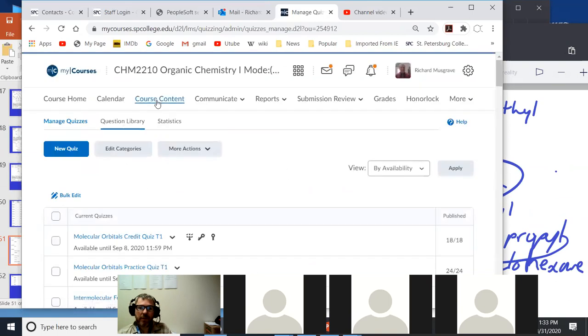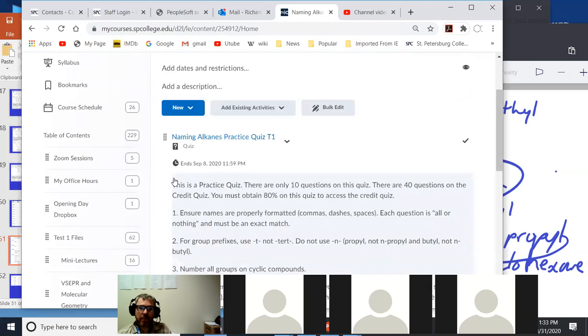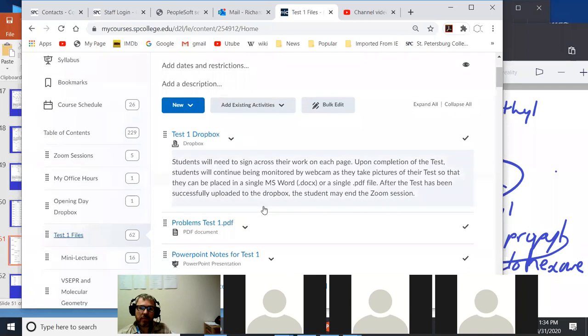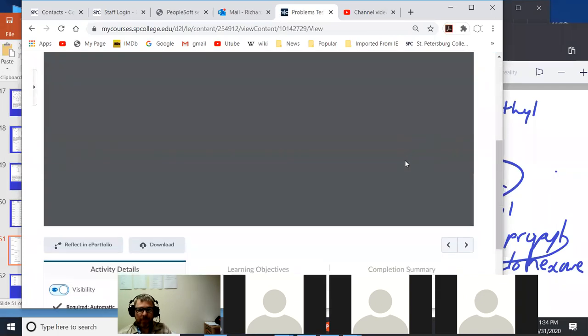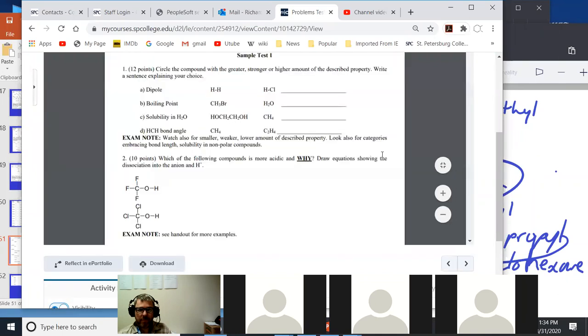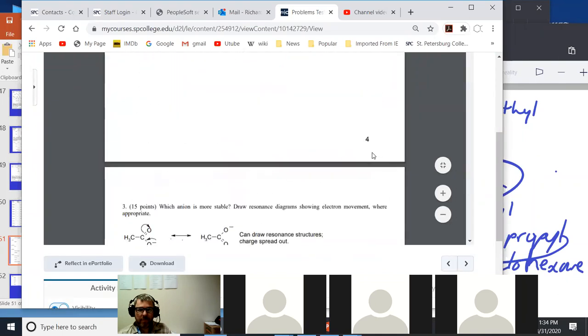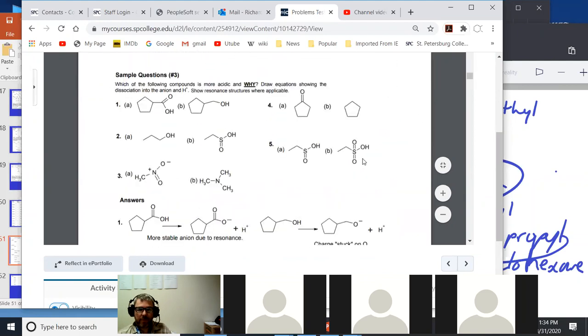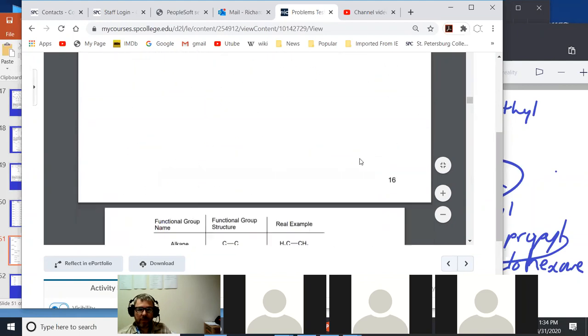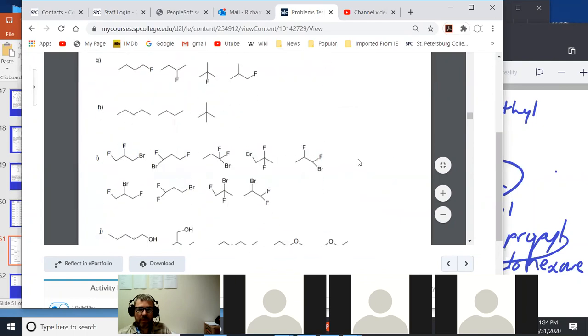I'll show you what else is good practice as well, and this is in the blue book. Functional groups.